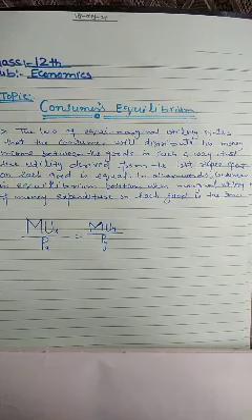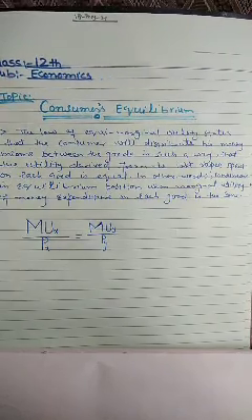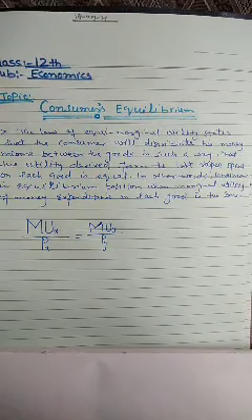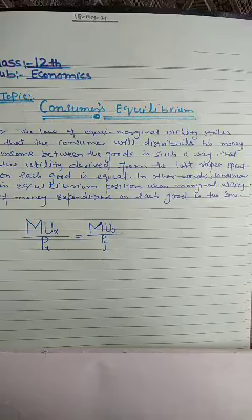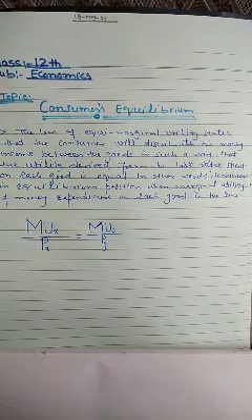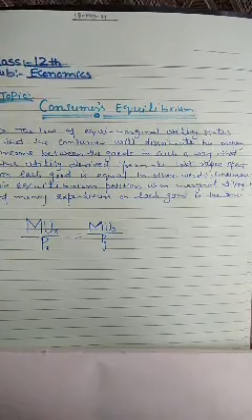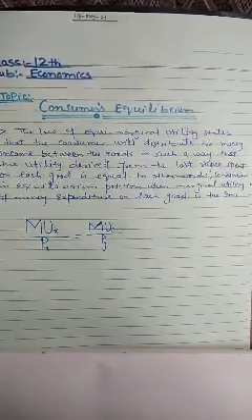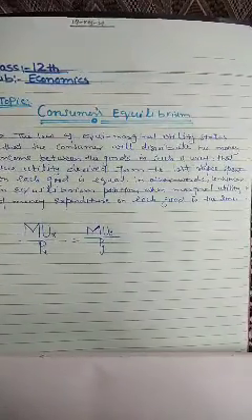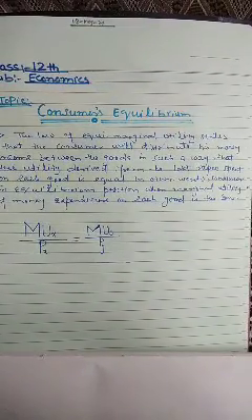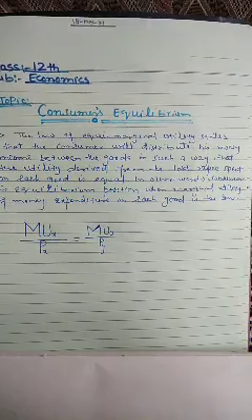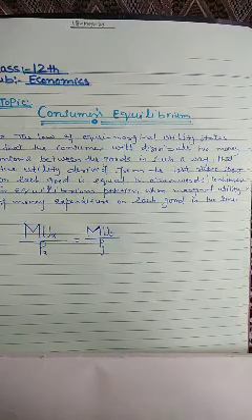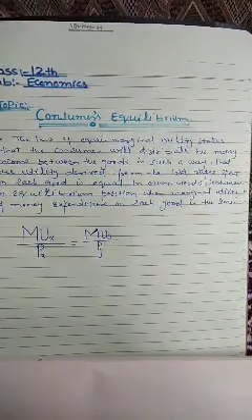So a question here arises: how would a consumer allocate his money income between various goods so that he would get maximum possible satisfaction, that is, he would be in a state of equilibrium from his given income while purchasing or consuming various goods? Dear students, let us understand the concept of consumer's equilibrium with the help of an example.